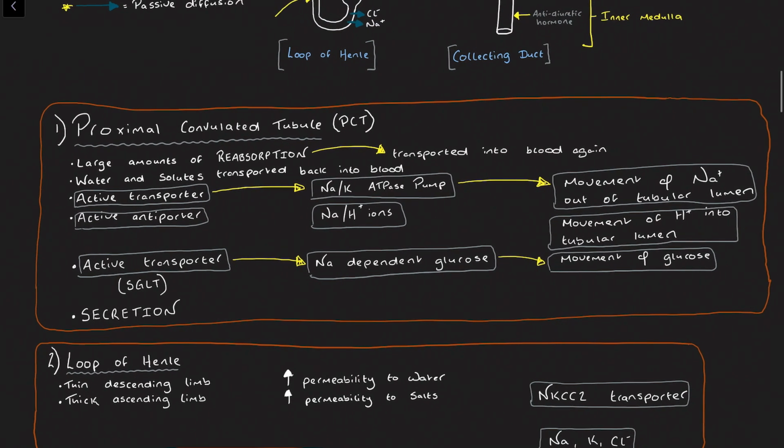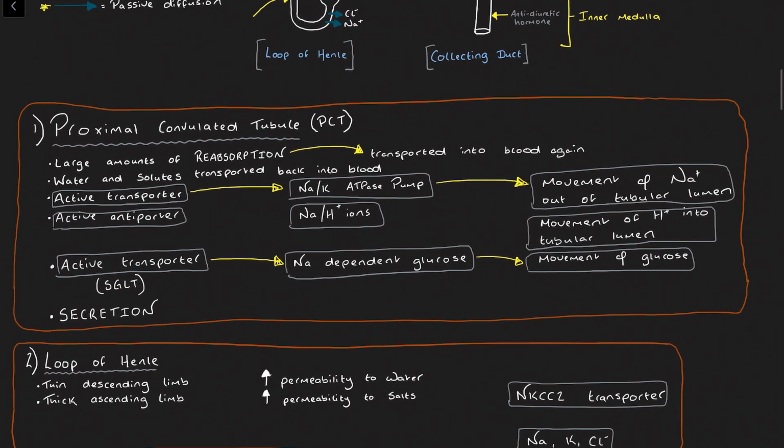An example of an active transport is the sodium potassium ATPase pump, which pumps out intracellular sodium ions, allowing the movement of sodium into the cell from the lumen of the tubule. The concentration gradient of sodium allows the passage of other molecules as well, such as glucose.